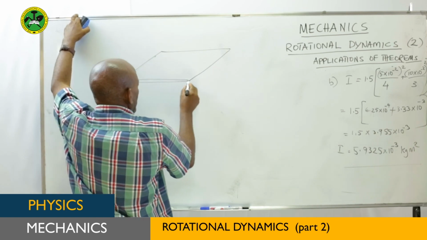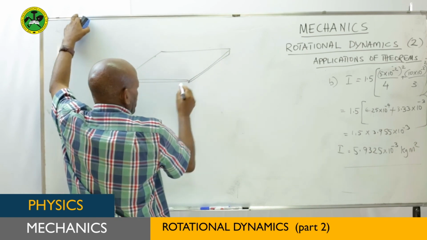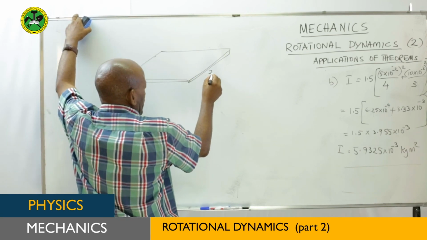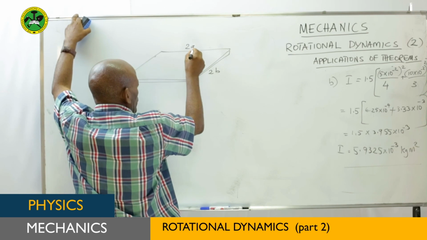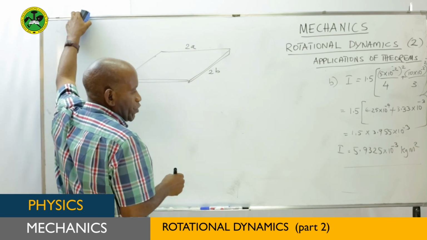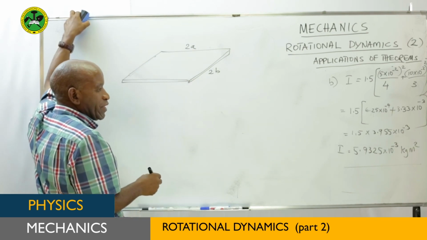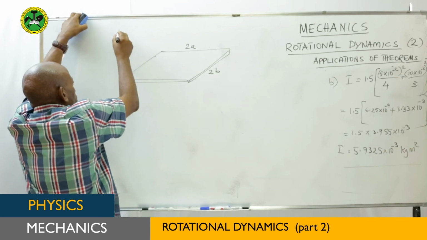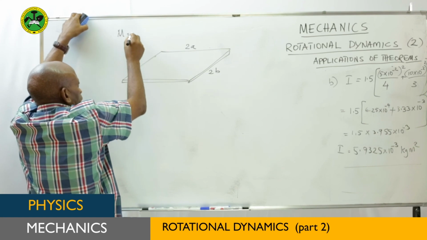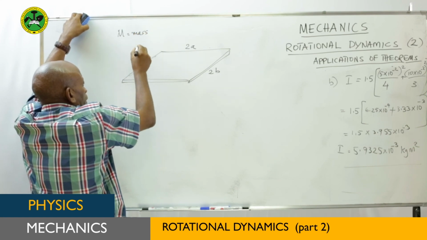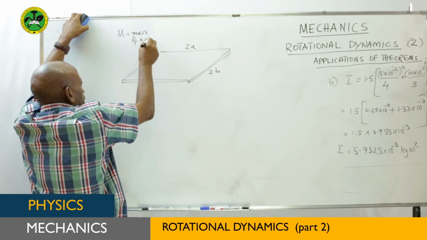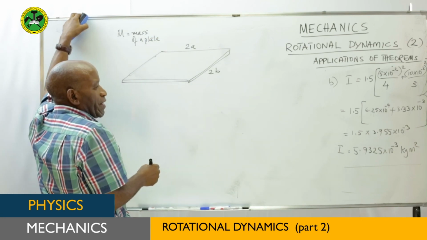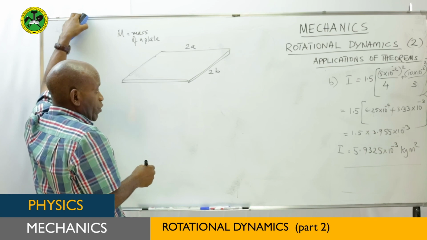It's a rectangular plate of mass M, and the sides are 2b by 2a. So now we are being asked to show the moment of inertia of a rectangular plate of mass M, with those particular sides, about its diagonal.